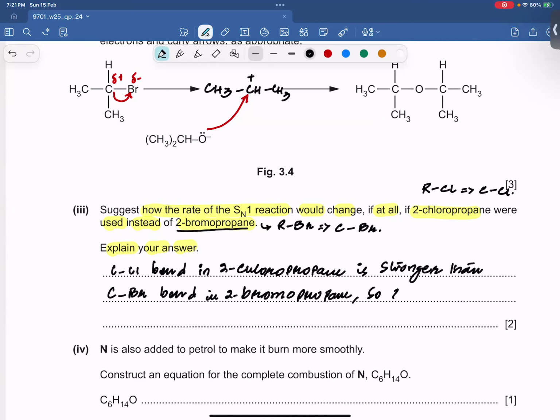So rate of reaction with 2-chloropropane would decrease.